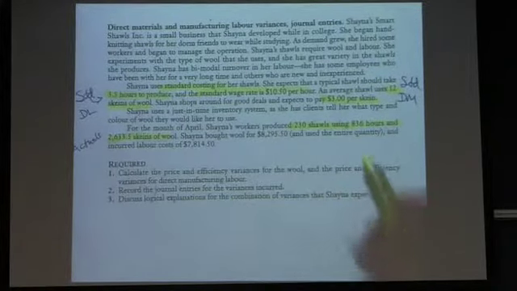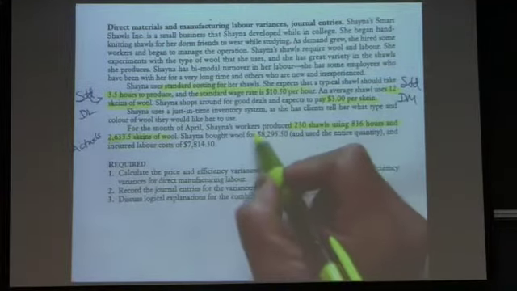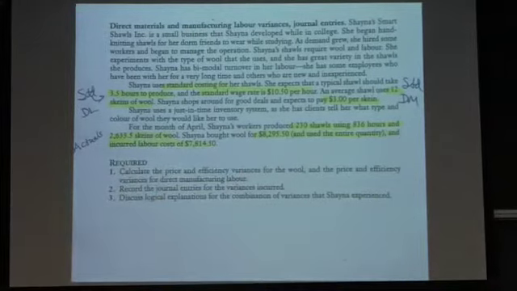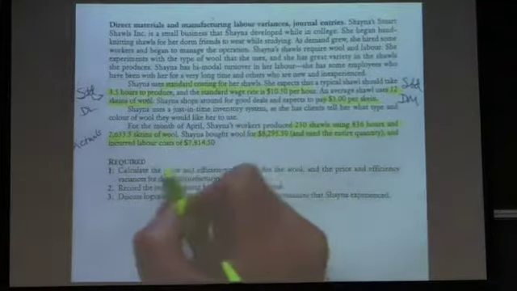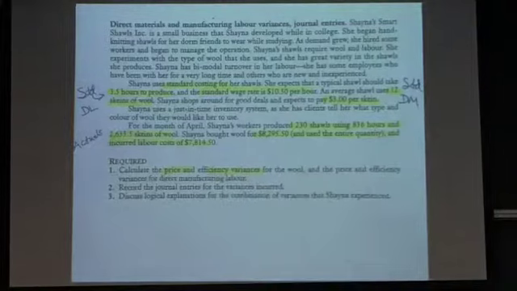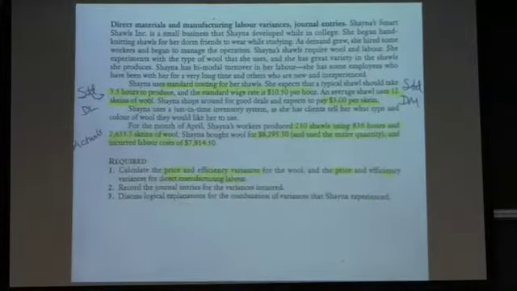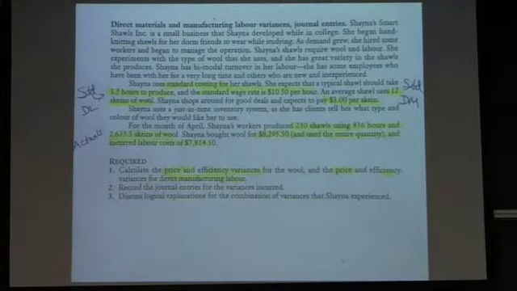She bought wool for $8,295, that's the actual cost, and incurred labor of $7,814.50. So the first part is asking us to calculate the price and efficiency variance of the wool and the price and efficiency variance of labor. Then it's asking us to do a journal entry. Okay? So that's what we're asked to do.